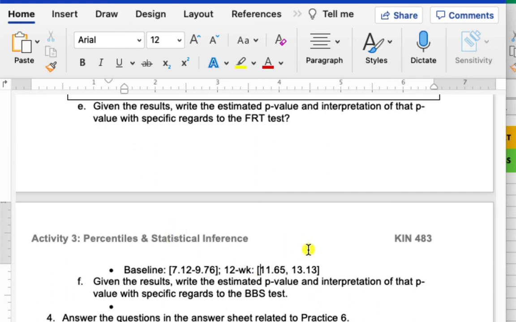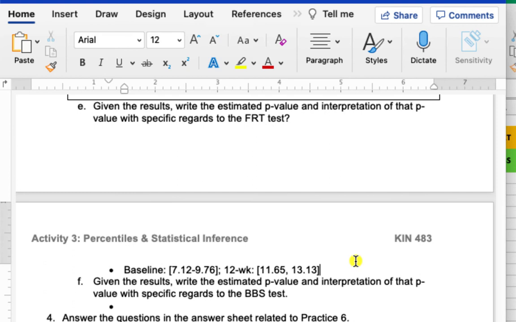Okay. So when we evaluate confidence intervals in comparison to one another, our baseline group is like our control group, right? It tells us where the true mean of this particular target population should be without any intervention. And then our 12-week group is our experimental group. So this would tell us where the true mean of the population would be, considering that an intervention has been applied.